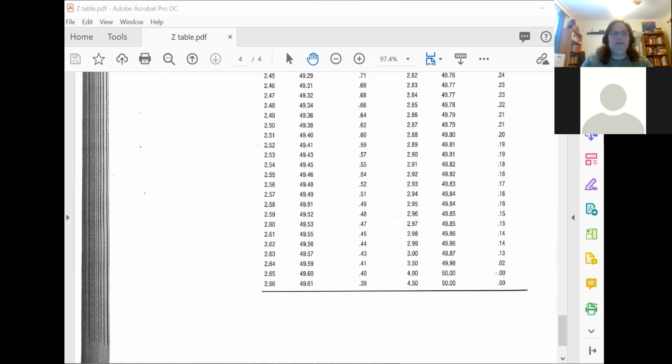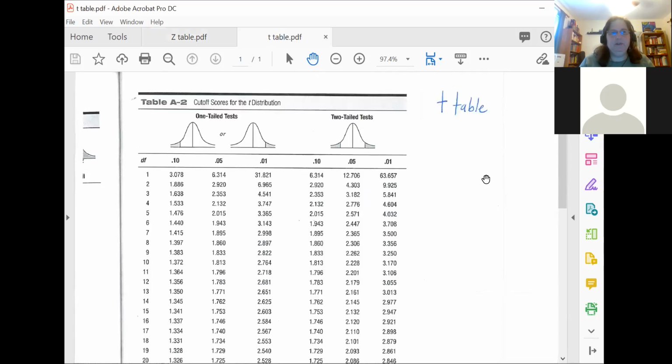Here's a lovely T table that I'm about to pull up for you. This one, like I said, is much nicer. Hopefully you see that now. I'm just going to check the chats just to make sure you're not saying you're not seeing it.